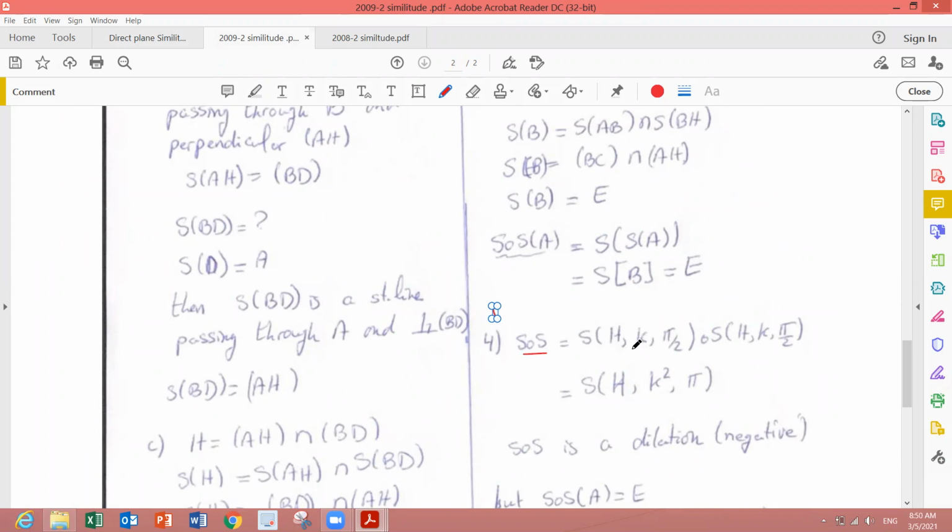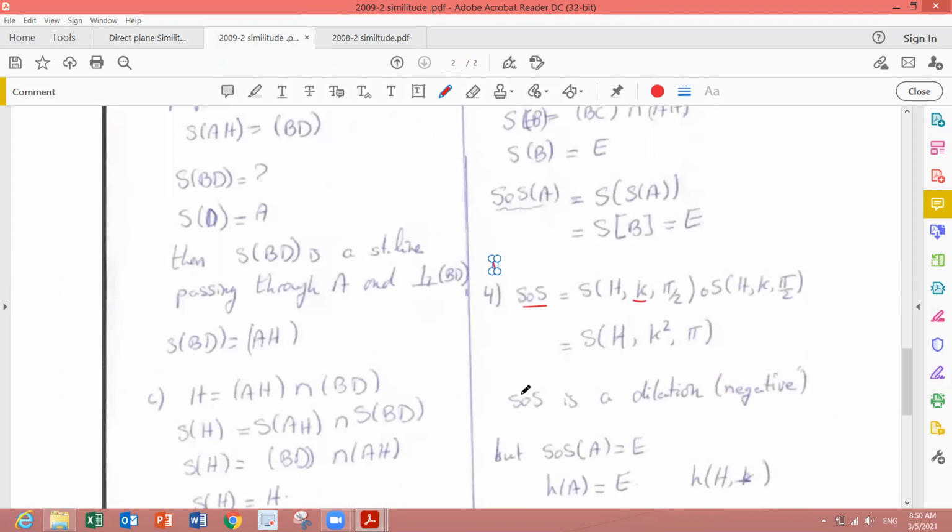I don't know what is K, but I know the angle pi over 2 round S, H K pi over 2. So it will be a similitude of center H, ratio K times K, angle pi. So S round S is a negative dilation.